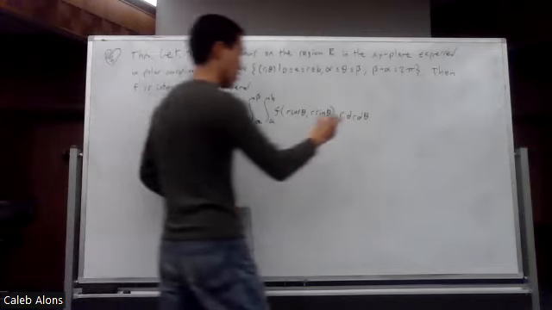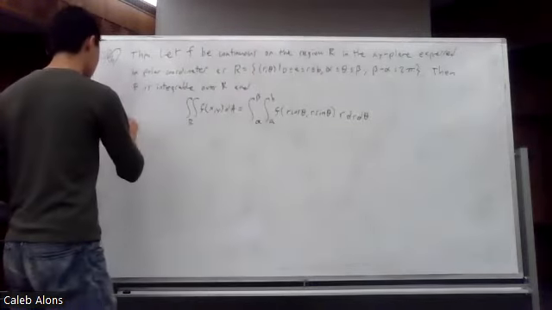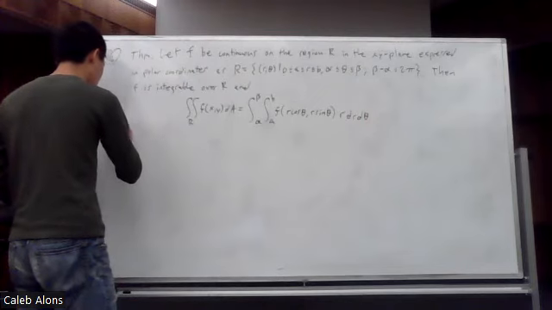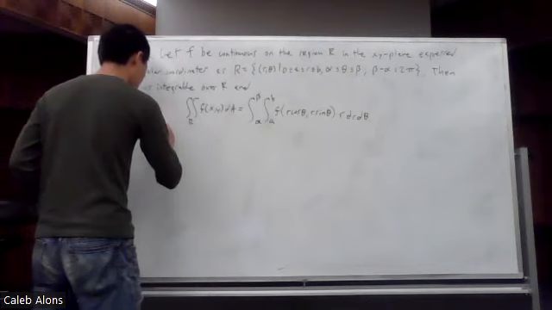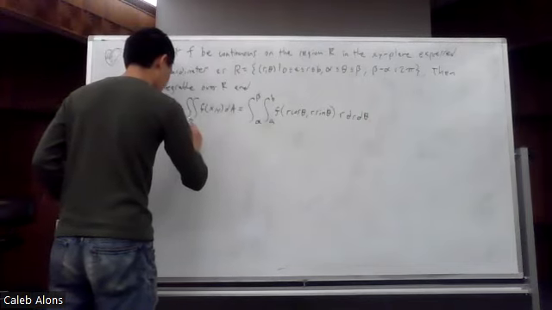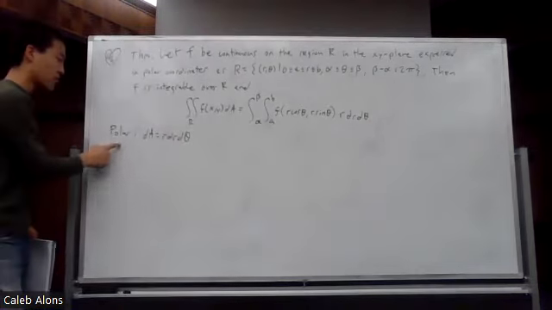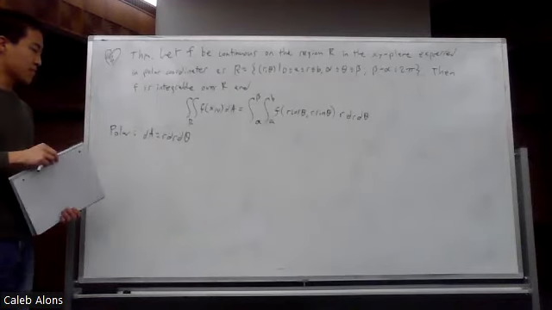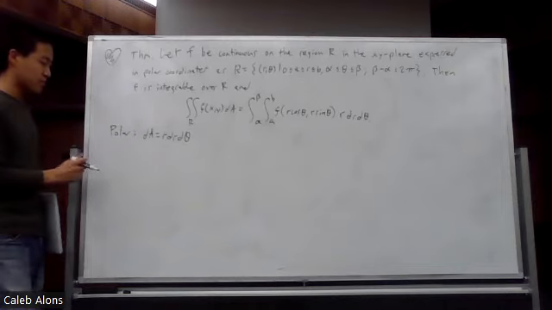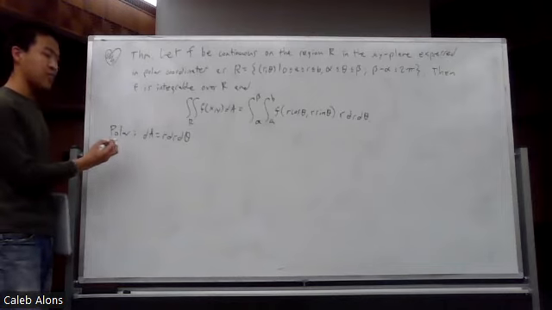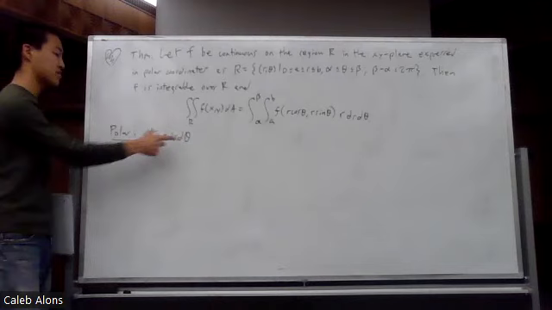So for polar, dA is r dr d theta. For polar, what is dA? Convince me you've been paying attention. In polar, dA is r dr d theta.